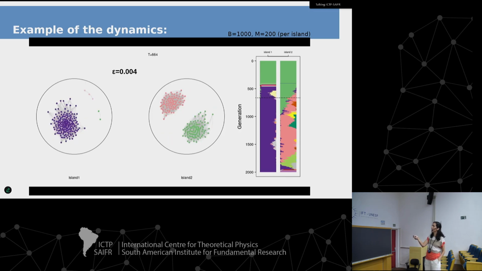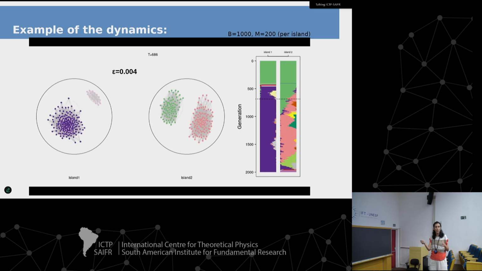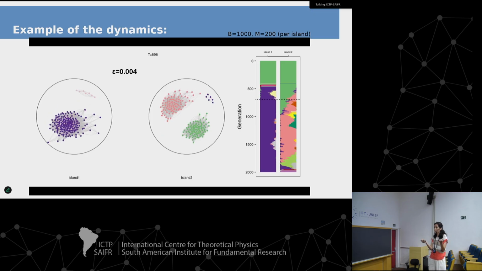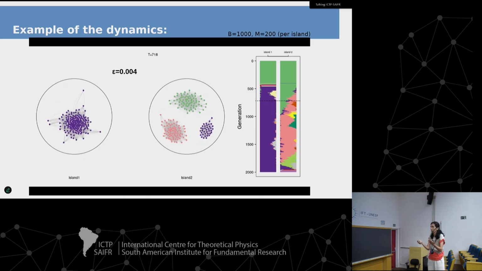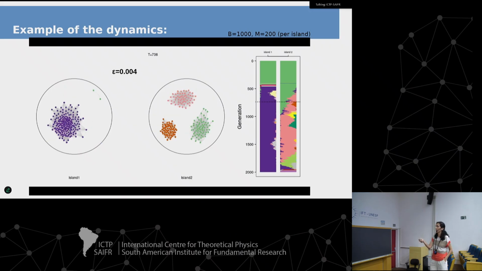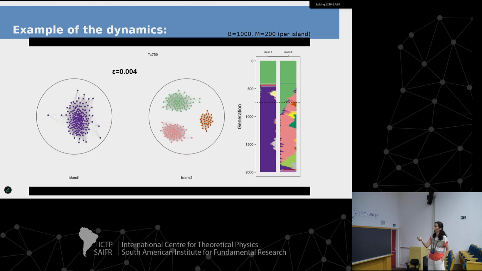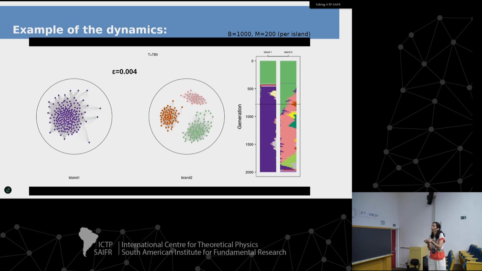The basic idea is that this asymmetry just emerges. The problem is symmetrical, but the asymmetry emerges, and once it has emerged by chance, it stays stable. For example, here we have this big species. If two individuals migrate from here to here, they can found a new species.